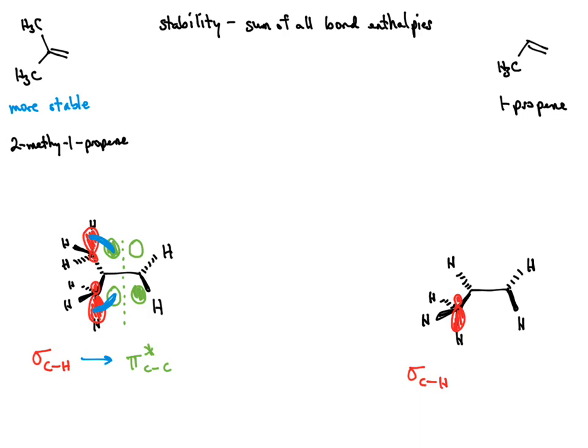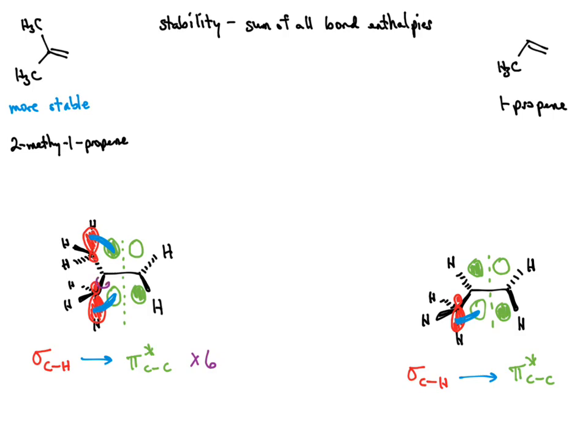We still have a pi star that it could delocalize into. But the problem here is that there are half as many of these types of sigma donations. If you look at the 2-methyl-1-propene, you can actually do this 6 times.